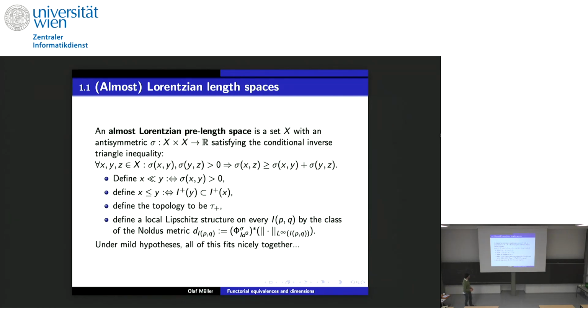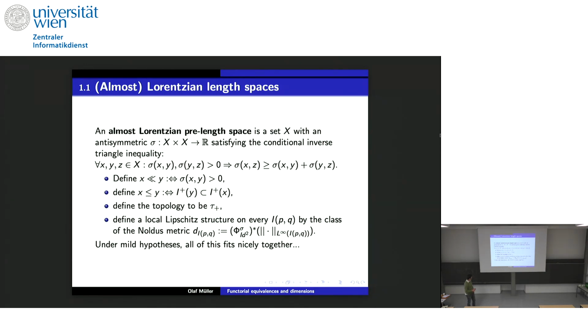We can also define a causal relation by requiring that the timelike cones are contained in each other. And then we can define the topology, T_or plus. I won't go into the details because it's a bit tedious, but on the subset of points with non-empty future and past timelike cones, it's the usual Alexandrov interval topology. Nothing new there.